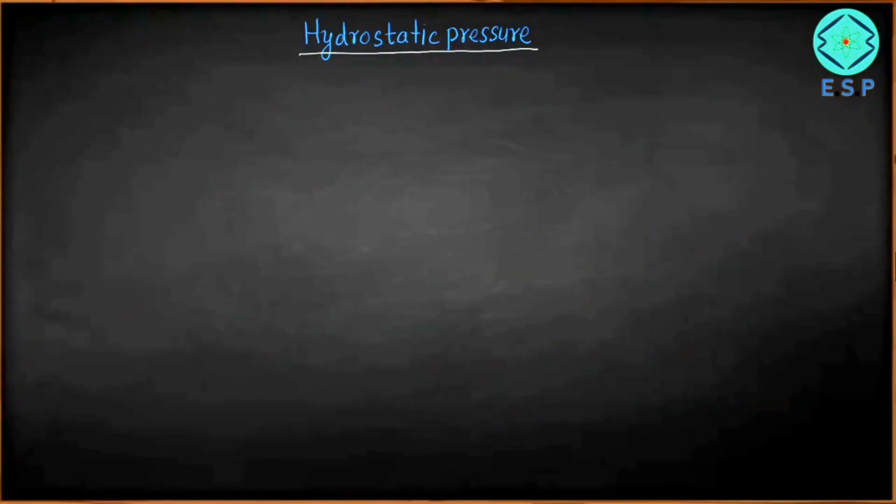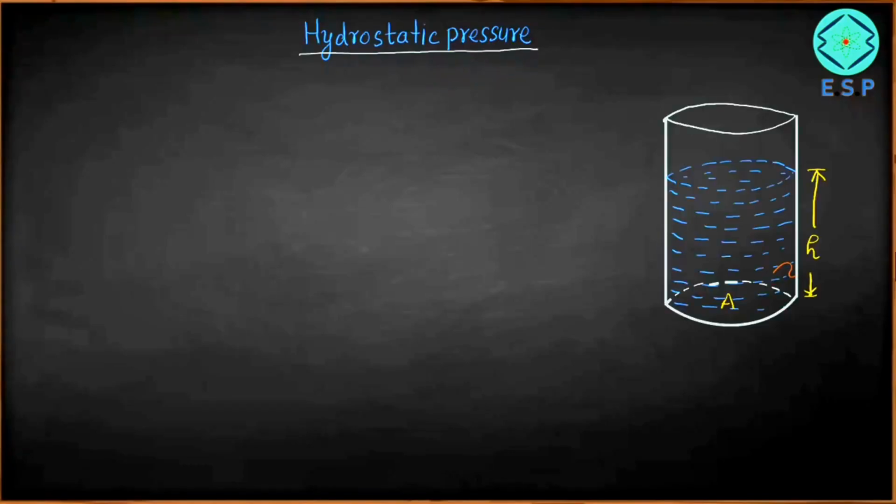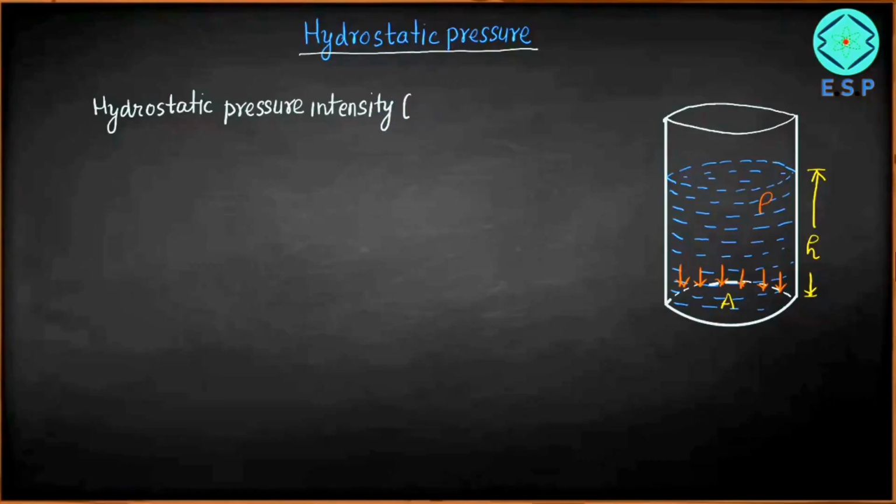So friends, we are discussing the concept of hydrostatic pressure. We have seen that if a container is filled with a liquid of mass density rho up to the height h, its weight acts on the base of the container. This causes a force on the base, and this force produces a pressure on the base, called hydrostatic pressure. We have obtained the expression for hydrostatic pressure intensity P, given by mass density times gravitational acceleration g times the height of liquid level.